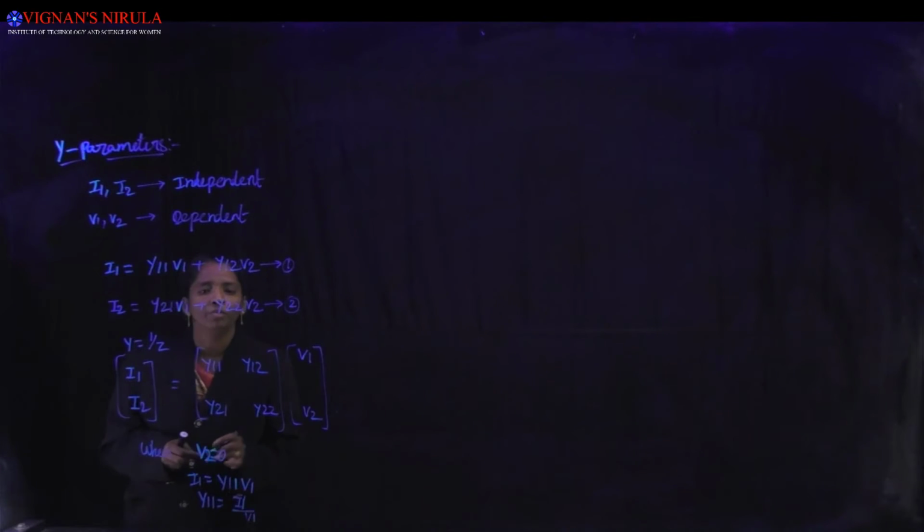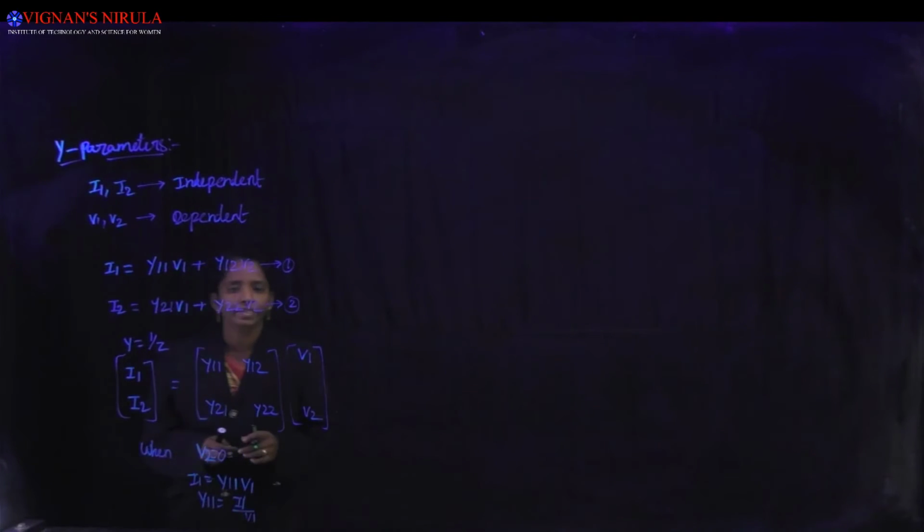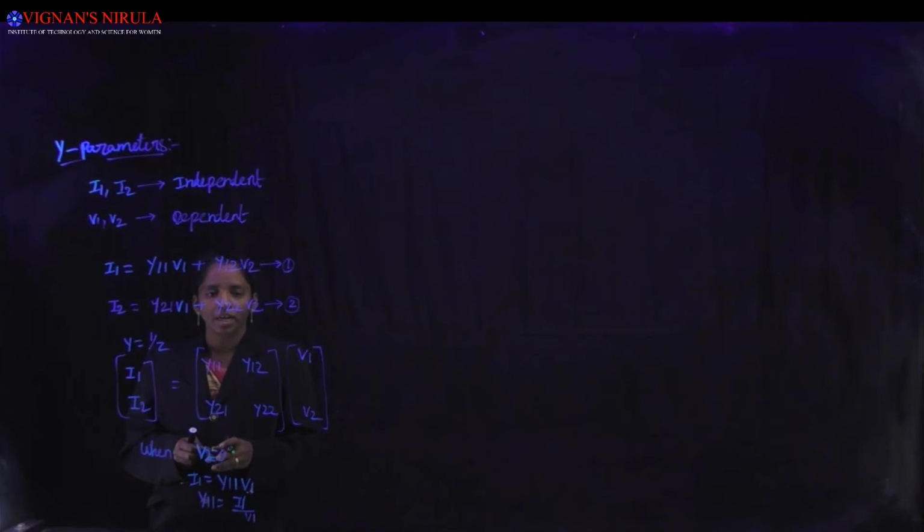I1 by V1 is admittance, and we are getting it at the input port, so it is called input admittance. Y11 is also written as YI. Why are we saying YI? It is an input; we are getting this value at the input.